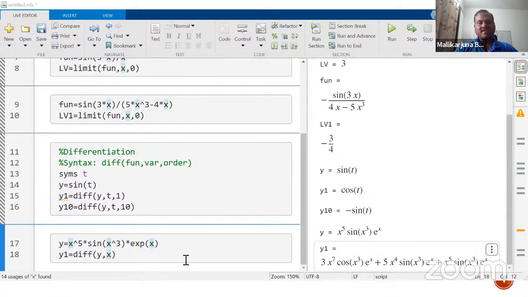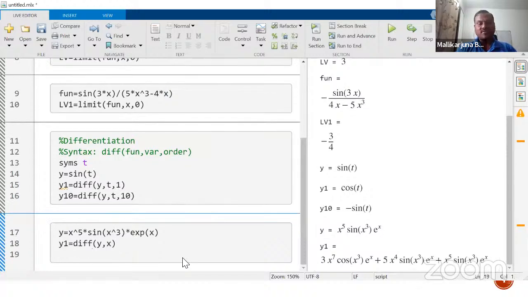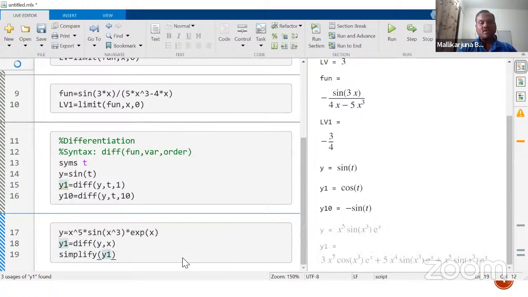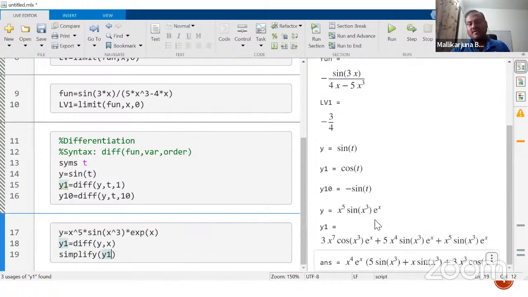You can see here, if you want to simplify, you can simplify y1. It will cancel any common terms. Observe the previous answer and the simplified answer. There is a difference. Here x power 4 e power x is common in the simplified answer.